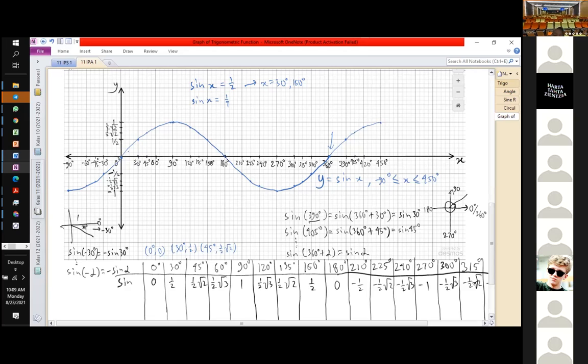Kita bisa perkirakan di mana saja yang nilainya 1/4. Dari grafiknya kita bisa lihat di sini dan di sini. Makanya gambarnya harus bagus, harus seakurat mungkin. Tapi itu untuk next meeting.